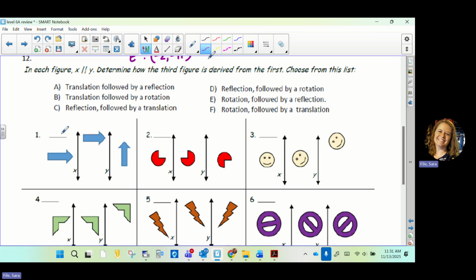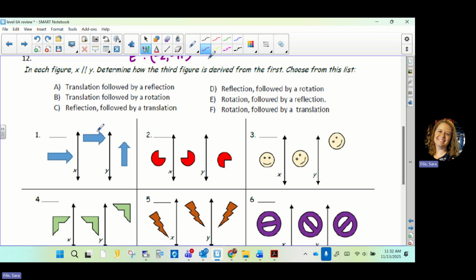So if you called this your pre-image, the first transformation, the second transformation, we want to match those 2 transformations that are happening to these choices here. So all of these, 1, 2, 3, 4, 5, 6, we're going to put A, B, C, D, E, F. We're going to match these. In number 1, this arrow from the pre-image to this middle one is facing the same direction.